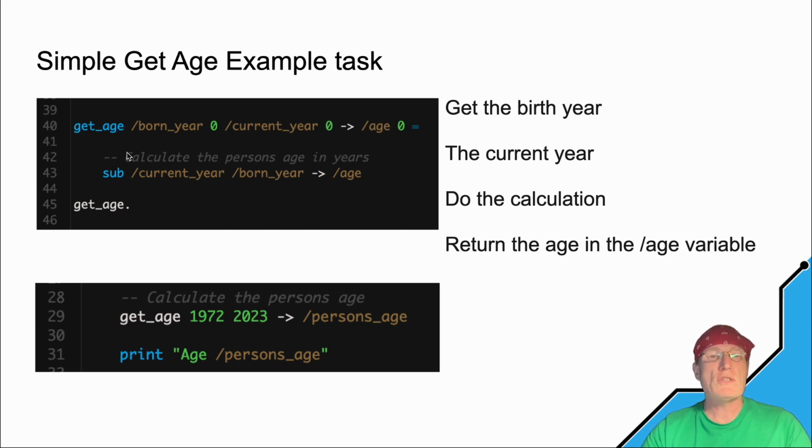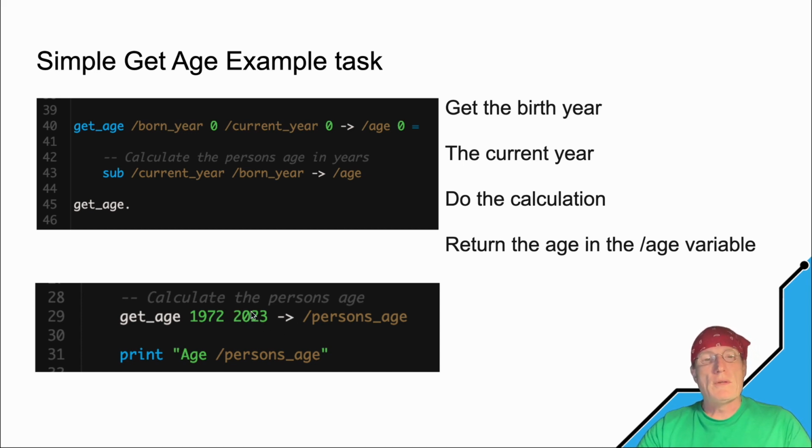If we go inside the task, it does a subtraction. It subtracts the year they were born from the current year, and again the pusher is pushing that result into a variable called age. If we go down to the part of the program where this task is called, we're passing it the year that they were born, which was 1972, and the current year, which is 2023.